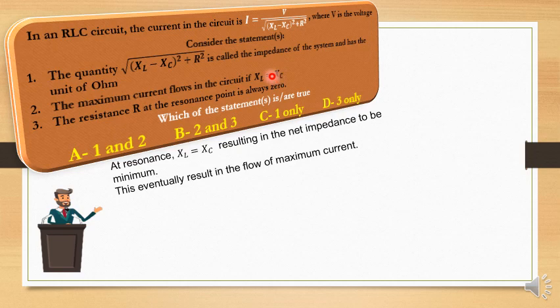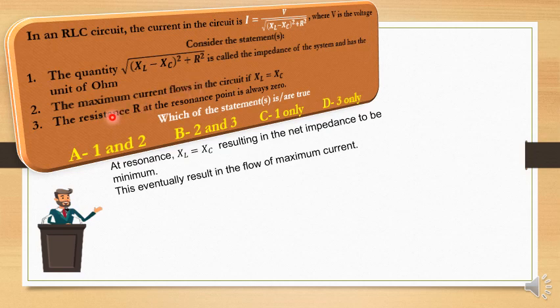So it results in a net impedance that is minimum, and when the impedance is minimum, this results in the flow of maximum current, or the highest flow of current. So we agree that statement 2 is correct, because when XL is equal to XC, we have a point of resonance, and at resonance we have a maximum current that flows past the points in the circuit.